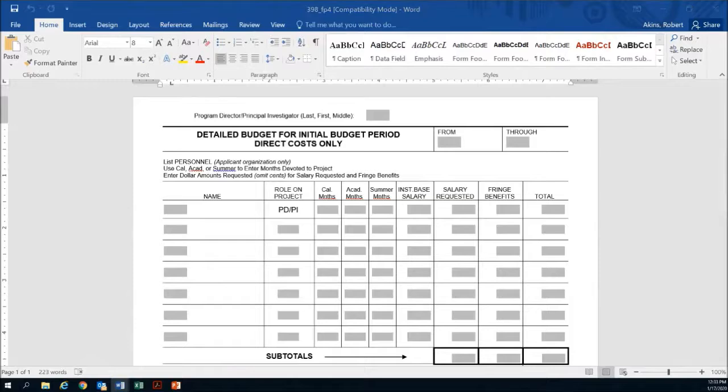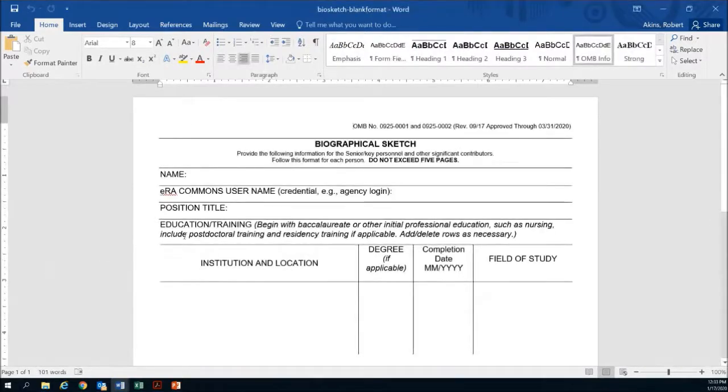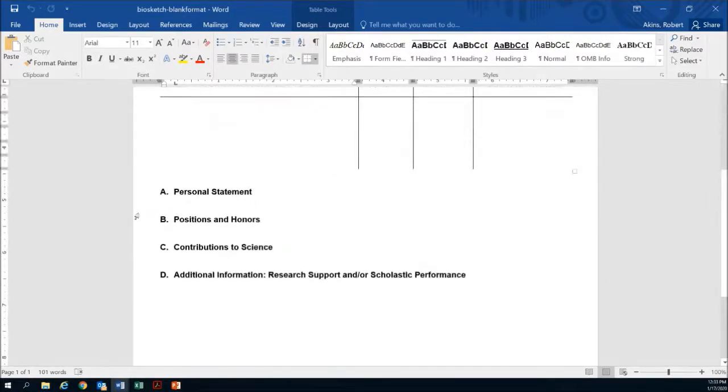Budget. Your OSP people will help you with some of this. On the bio, so here's a blank bio sketch. Start this early, especially if you don't have one. There are some portions of it. This is the template that you get, and I don't think I have one of mine open, but these are long. You're limited to 5 pages.